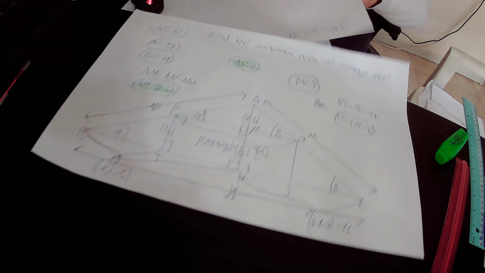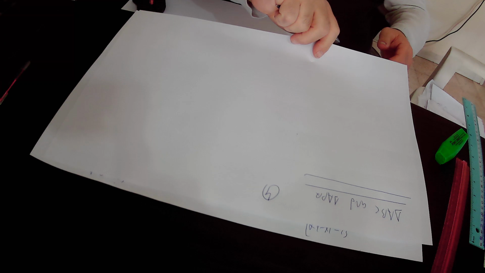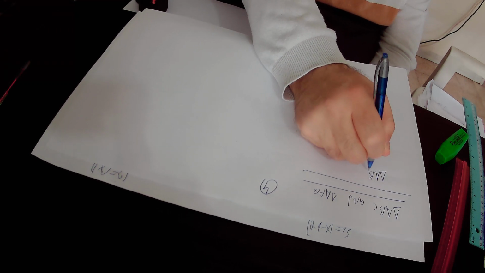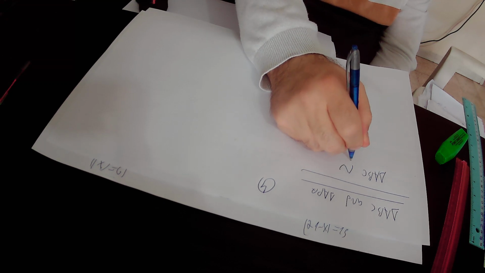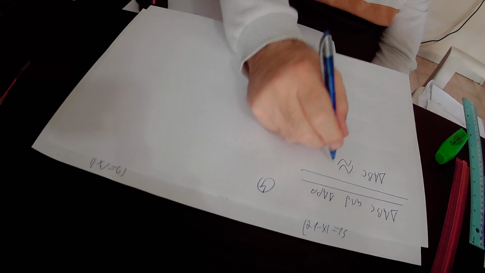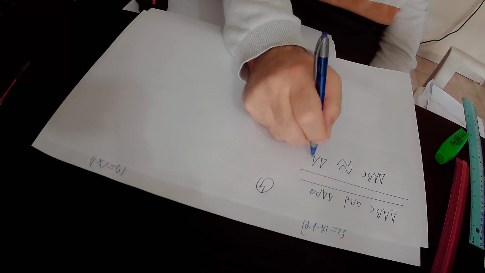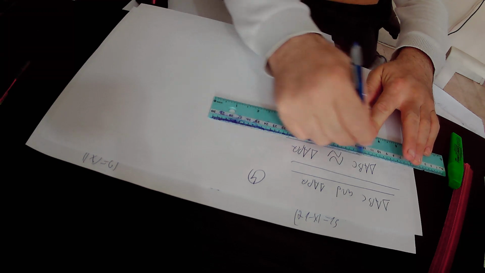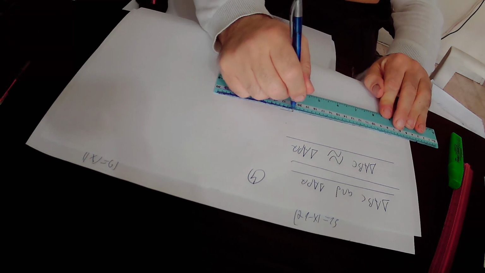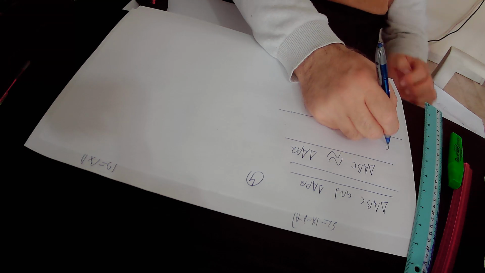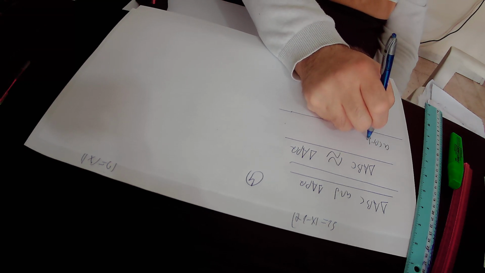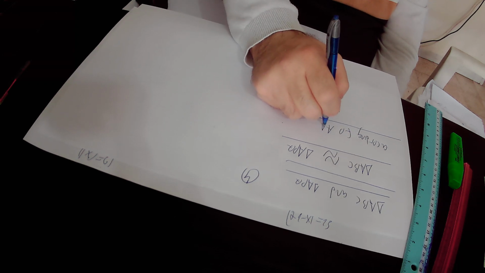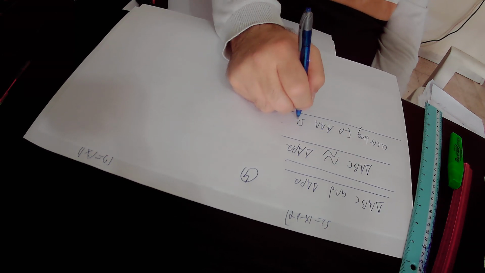So write it down. The big triangle ABC is similar, this is the sign of similar, to the small triangle APQ, according to the angle similarity rule.